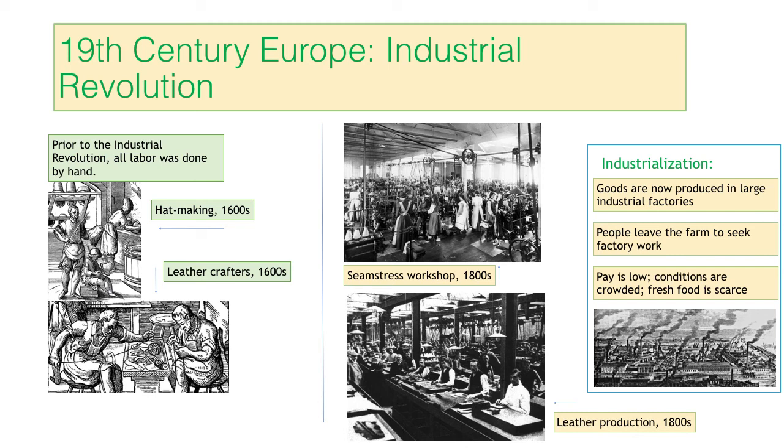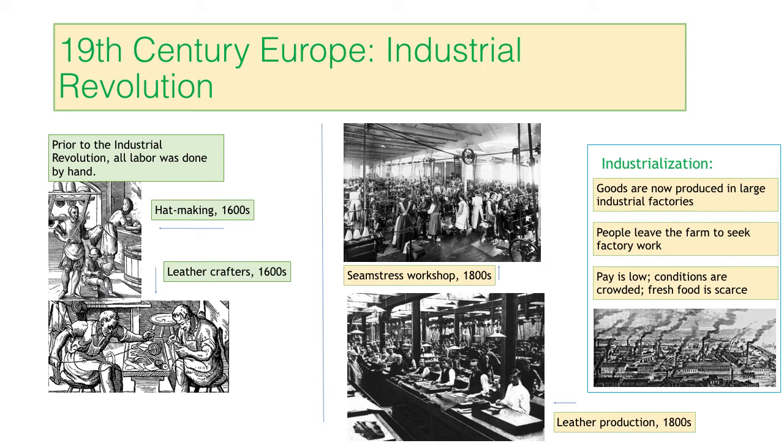Now, here in the slide, you see prior to the Industrial Revolution, people worked in small artisanal shops that often employed 3 or 4, 5 people maximum, doing things like hat making and crafting leather or dyeing or working as silversmiths or ironmongers.